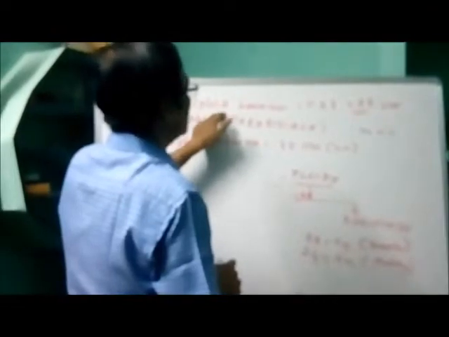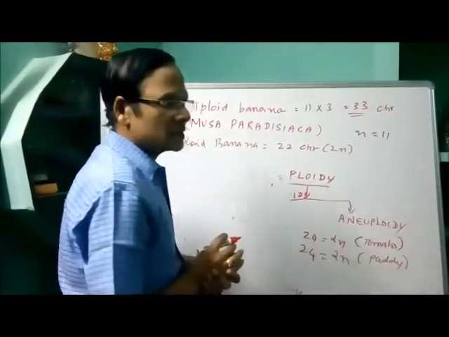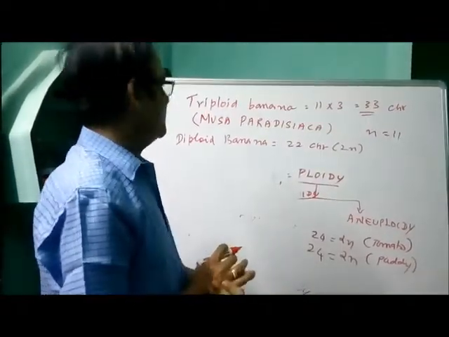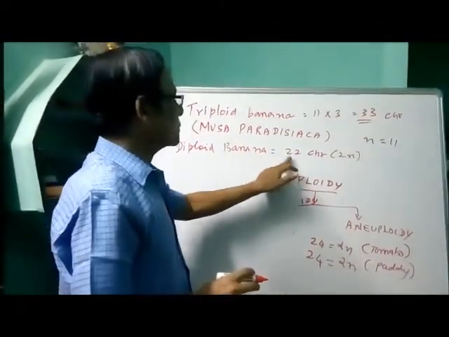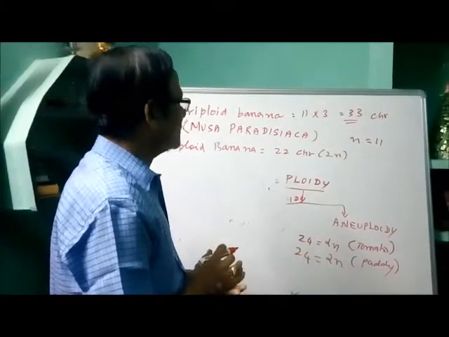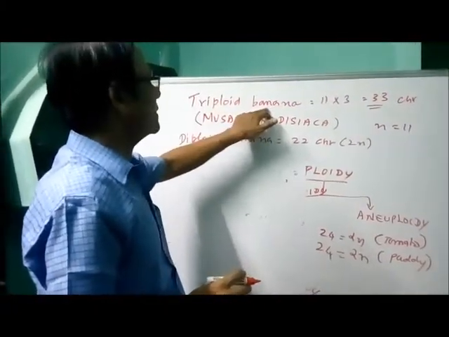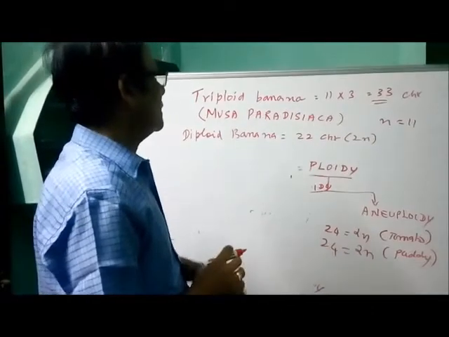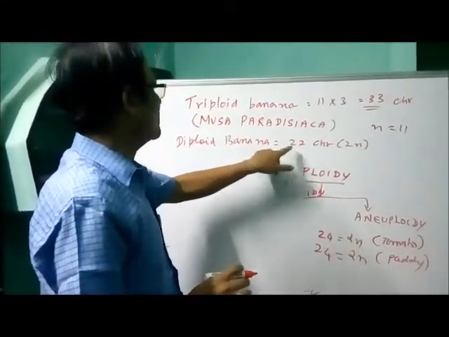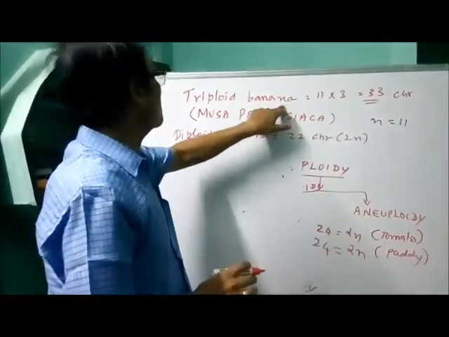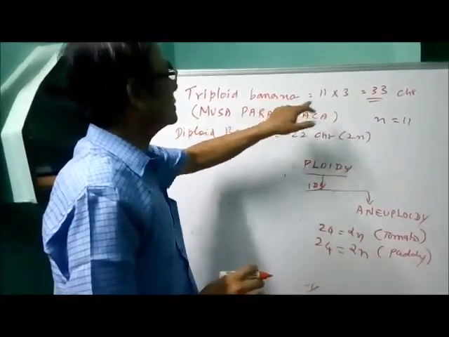Triploid banana is normally larger in size and seedless. No seeds are found in triploid banana. The diploid banana with 22 chromosomes is normally smaller in size and has seeds. This is the seedless banana, and this is the banana with seeds. The diploid number is 22 and the haploid number is 11, so the total number of chromosomes in triploid banana is 33.